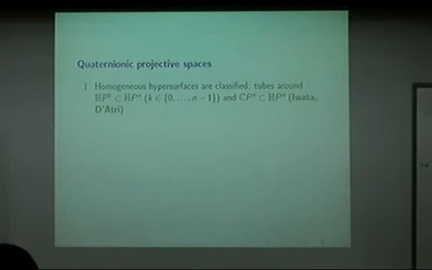So there one gets only tubes around certain totally geodesic submanifolds. Yeah, that's quite surprising here. In the quaternionic projective space, the classification is much simpler. Any homogeneous hypersurface arises as a tube around a certain totally geodesic submanifold, namely a quaternionic projective subspace or a complex projective subspace of half dimension, nothing else. It's a very short list.